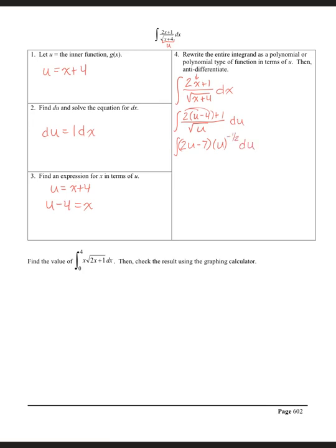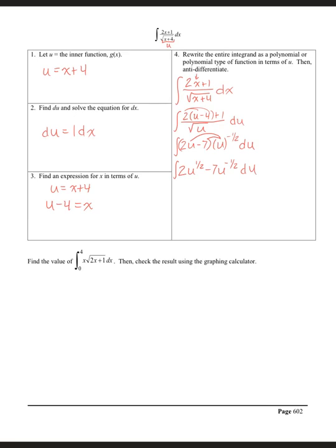Still, you can't take the integral of this because it's not a polynomial type function. So we are going to distribute that. Whenever you do that, you add your exponents. So 2u times u to the negative 1/2, well, 1 minus 1/2 ends up being 1/2, minus 7u to the negative 1/2 du.